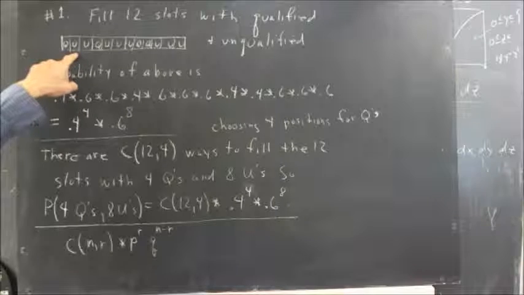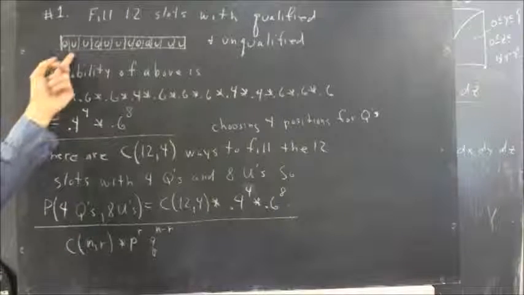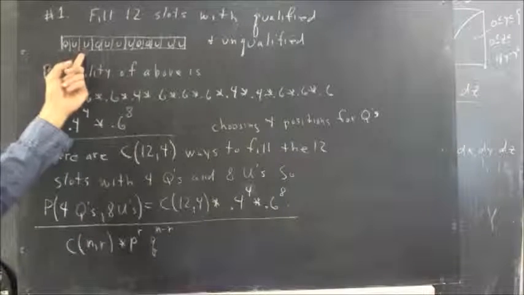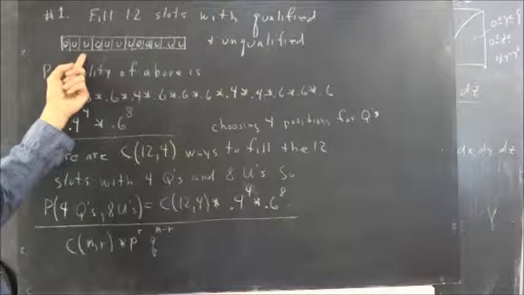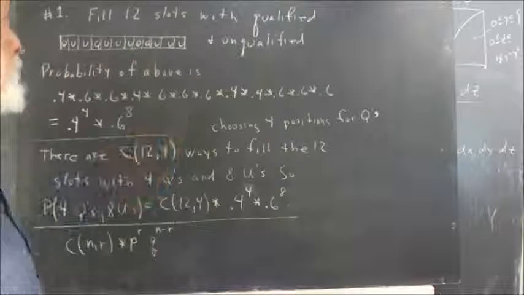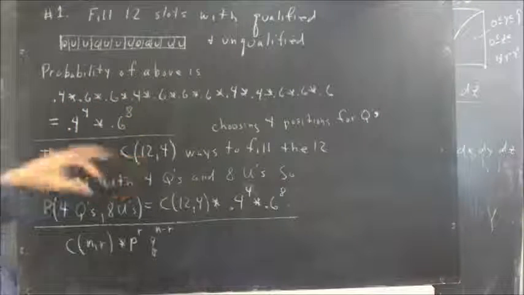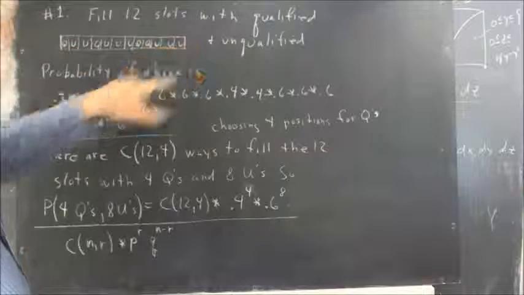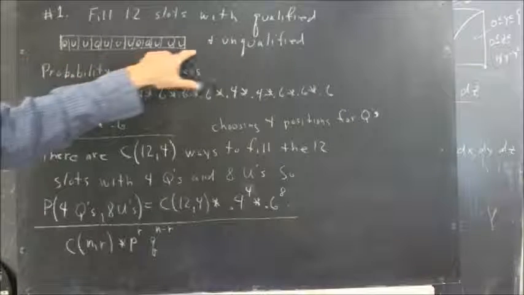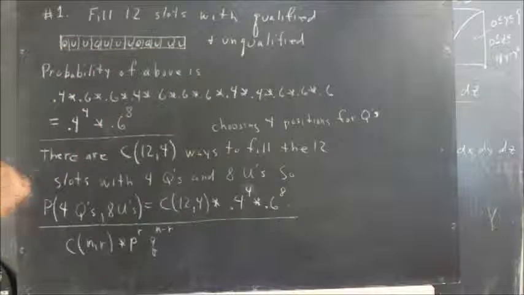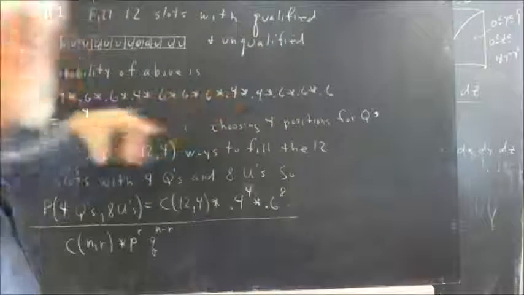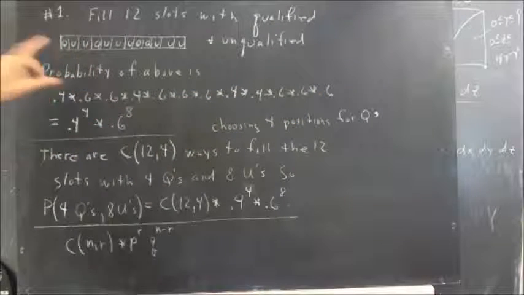The probability of the second person being unqualified is 0.6, 60%. The probability of the third person being unqualified is 60%, etc. So the probability of getting this specific result is just going to be the product of the probabilities.